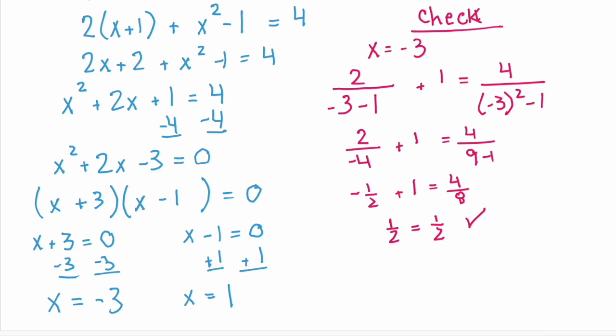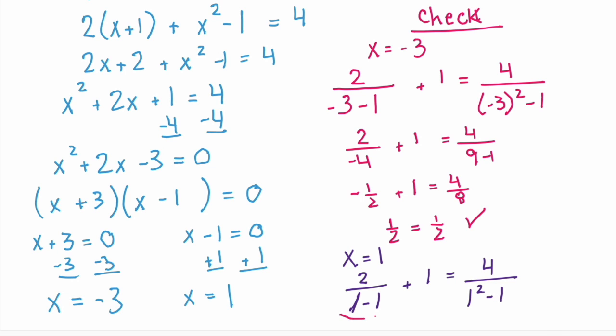Now let's check x equals 1. When we substitute in x equals 1, we get 2 over 1 minus 1 plus 1 equals 4 over 1 squared minus 1.